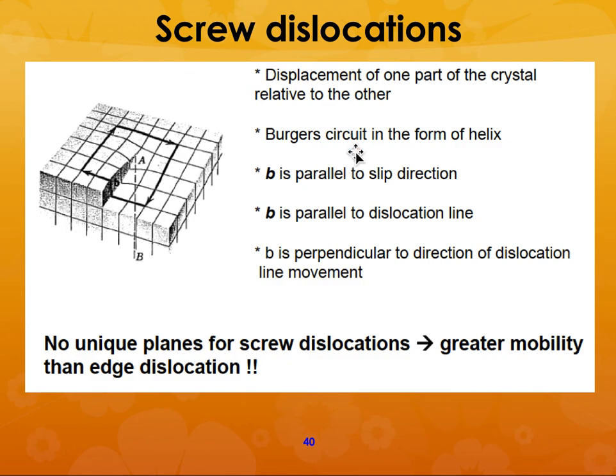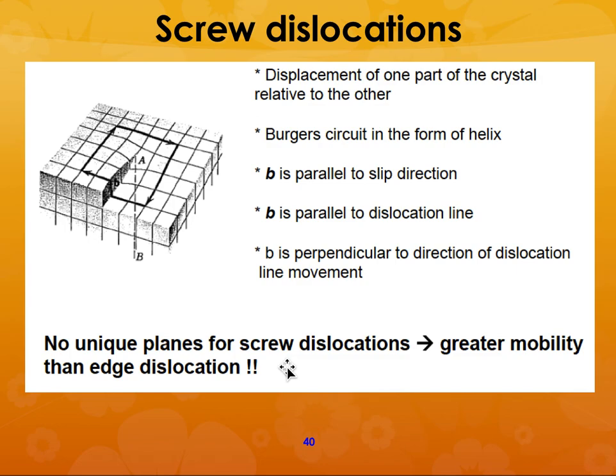You are displacing one part of the crystal relative to the other, and the Burgers circuit is in the form of a helix. In this case, again, B, the Burgers vector, is parallel to the slip direction, and it is parallel to the dislocation line. So there are no unique planes for screw dislocations, and so they have greater mobility than an edge dislocation.